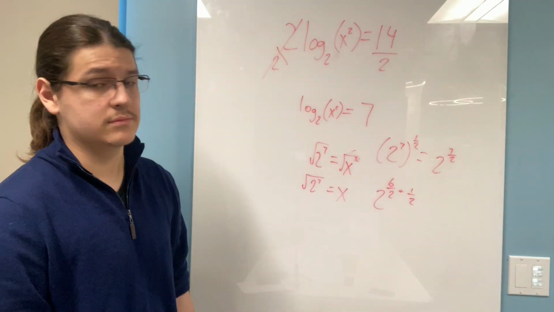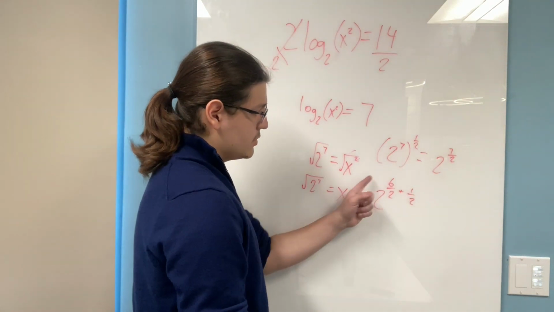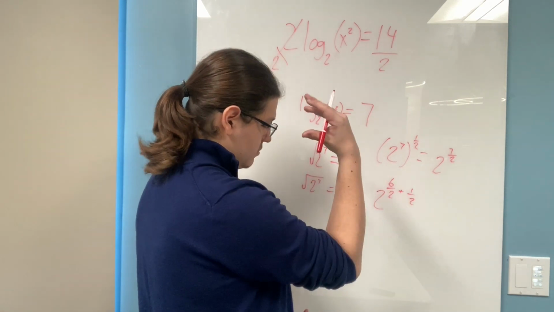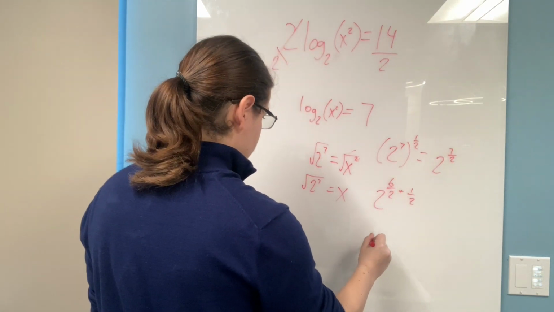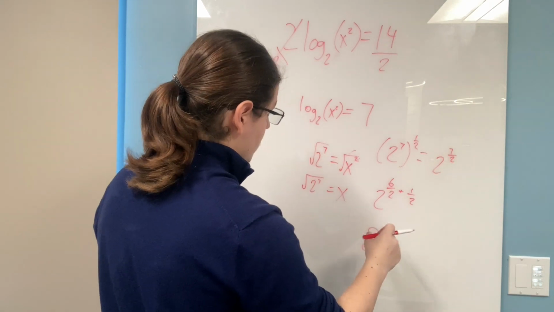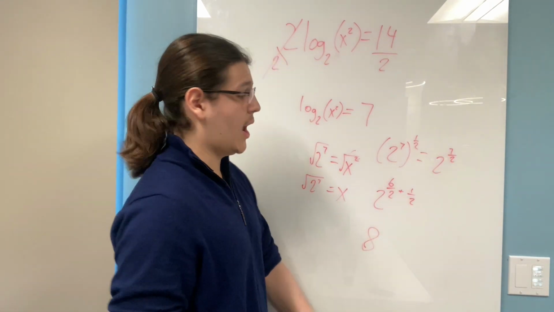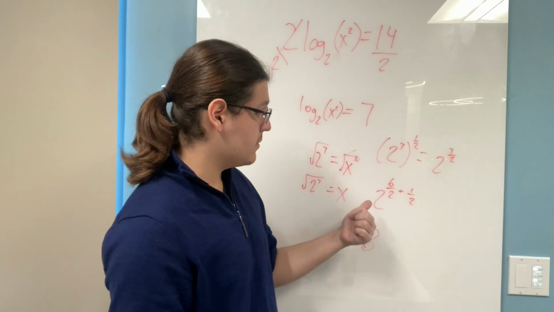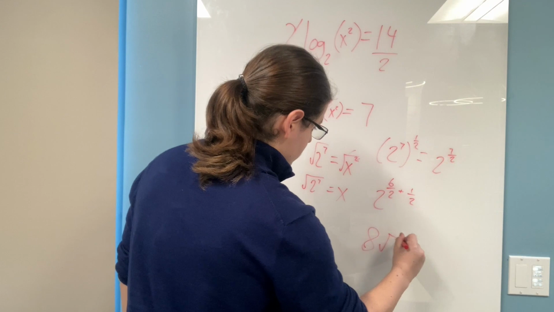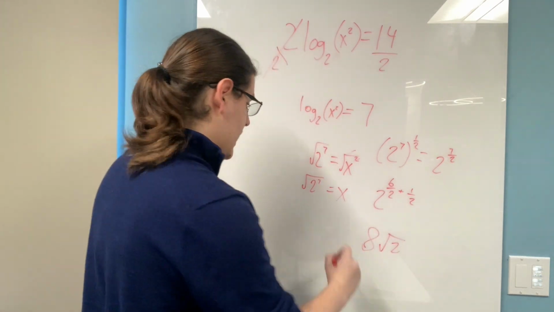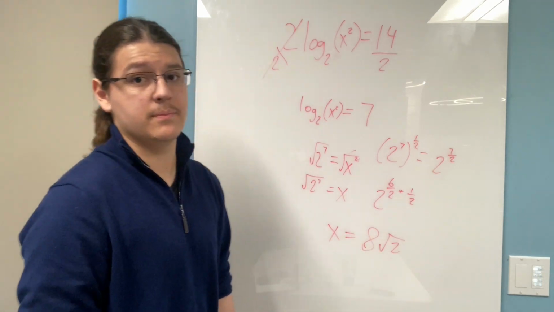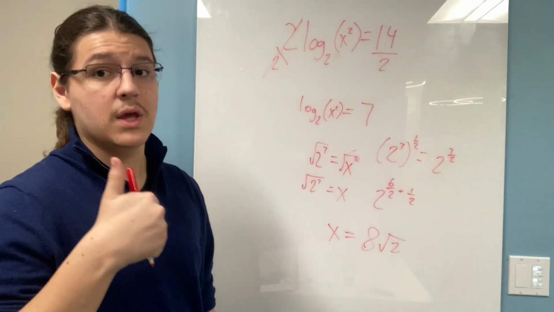So we get 7/2. 2 to the 6/2, that's just 2 cubed, which is going to be 8, plus 1/2. Now, when we have addition up here, that means that we're going to be multiplying 2 by whatever that is, which is just going to be the square root of 2. So x is equal to 8 times the square root of 2. Keep mathing.